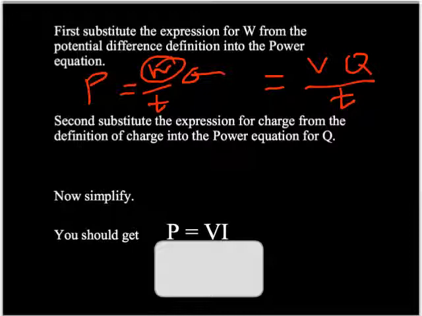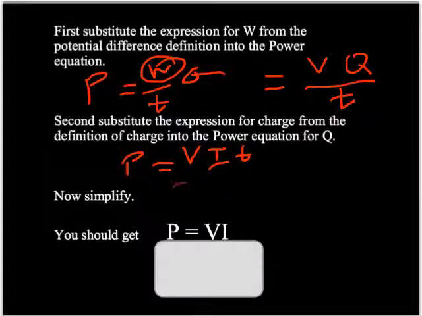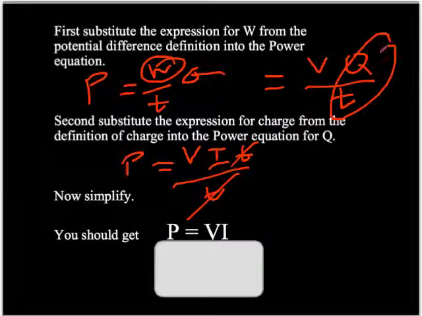Now we can substitute in IT for that Q, so then you'll get P equals VIT divided by T. T's removed, and you get P equals VI. The other way of thinking about it is Q divided by T is also equal to I.